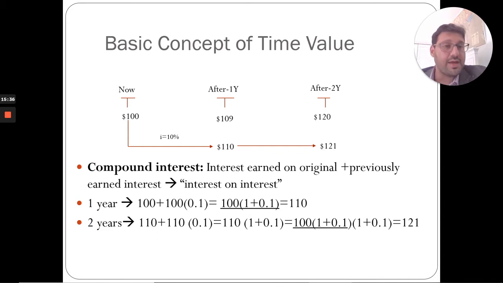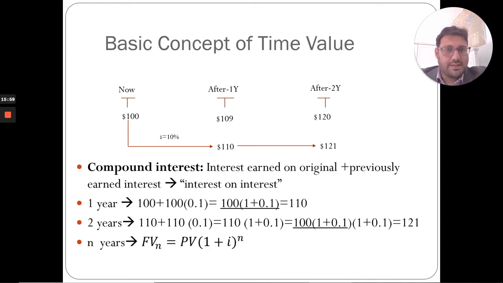But in the second year, we have $110 as the principal amount. And in that $110, the $10 interest came from the first year. So when the interest has the opportunity to earn the interest for the investor, then this is the concept of the compound interest.